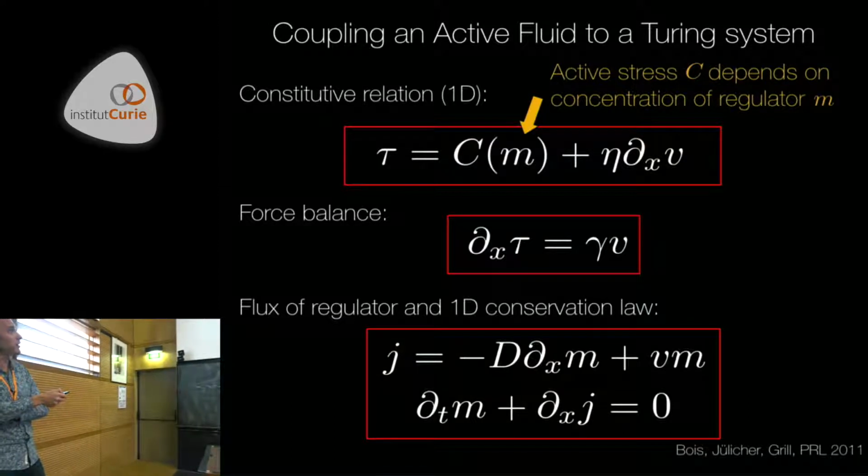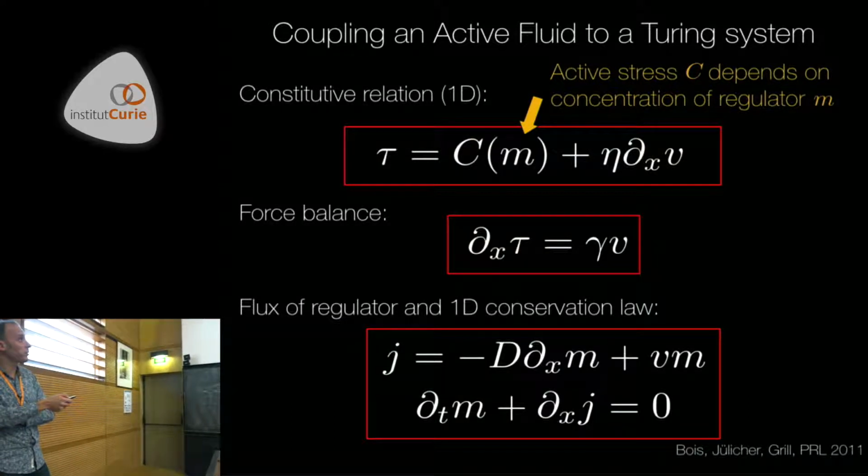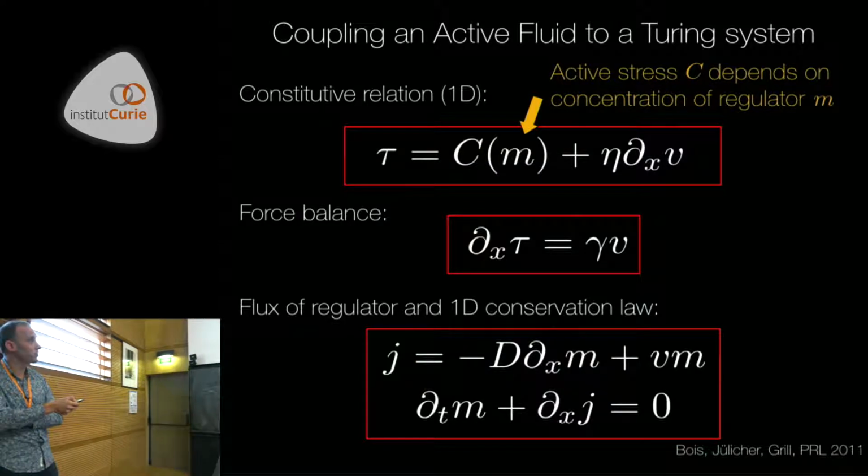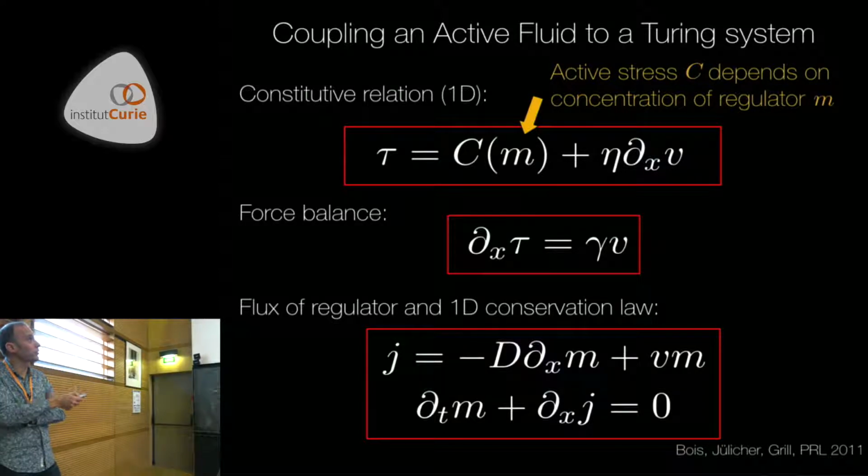We have two fluxes of the regulator: a diffusive flux, which is proportional to the spatial changes in the concentration of the regulator, and an advective flux, which is proportional to the velocity of the active fluid. And here's our 1D conservation law.